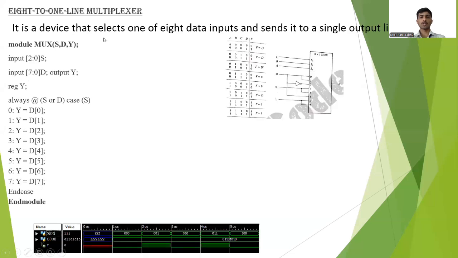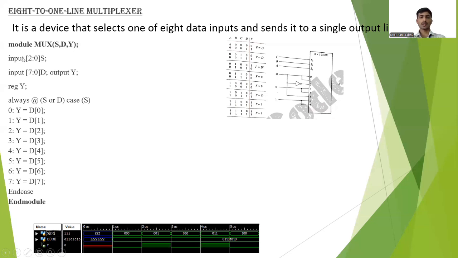And the 8 to 1 line multiplexer is a device that selects one of 8 data inputs into a single output line. This is the actual program for the 8 to 1 line multiplexer. In the module, I have taken MUX, S and D, and as I said before, S stands for selector and D is the data, and Y will be the output.